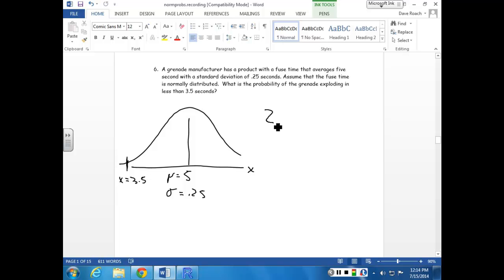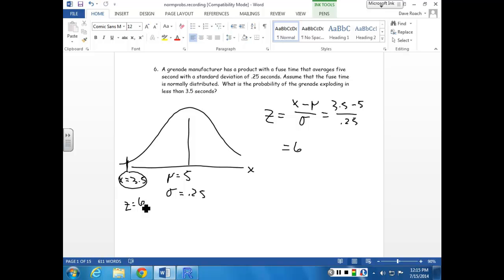So first I'm going to compute z: x minus mu over sigma is 3.5 minus 5 over 0.25, and that's equal to minus 6. So that means that this point is going to be 6 standard deviations below the mean, which, remember from the empirical rule, we had 99.7% within 3 standard deviations.